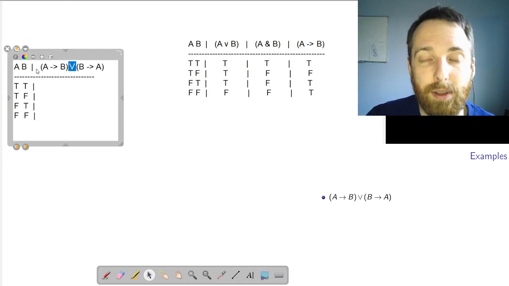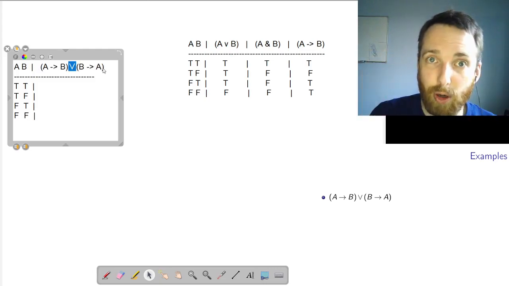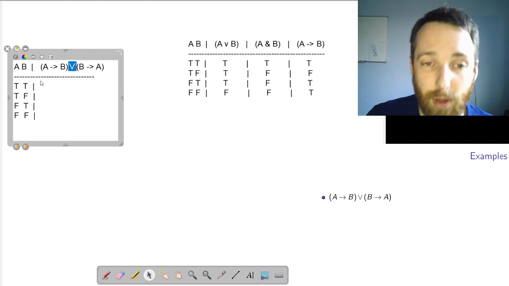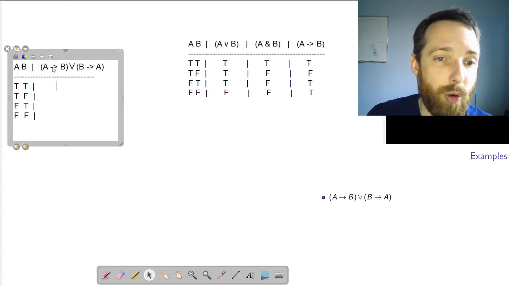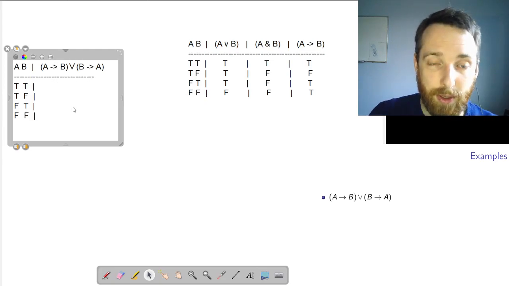That means for any other connective, I'm going to have a rough work column under that. And then my main answer is going to be the thing under the main logical operator. So I'm going to have a column of capital letters under the or. I'm going to have a column of lowercase letters under each of those arrows. And those are the things I'm going to put together at the end.